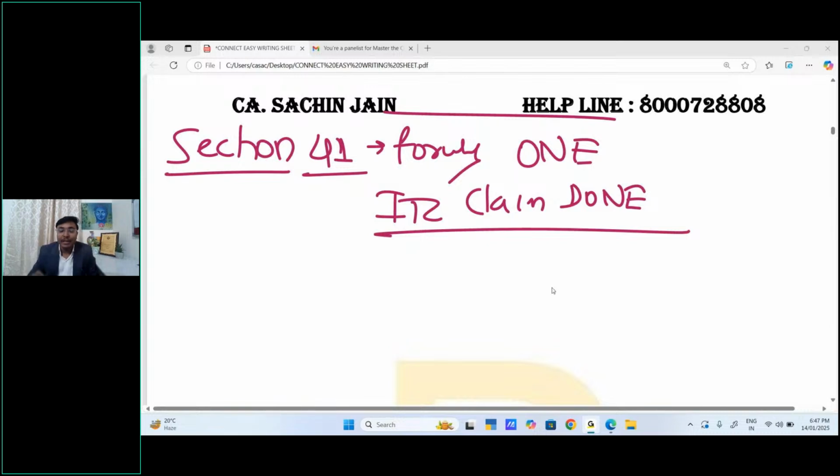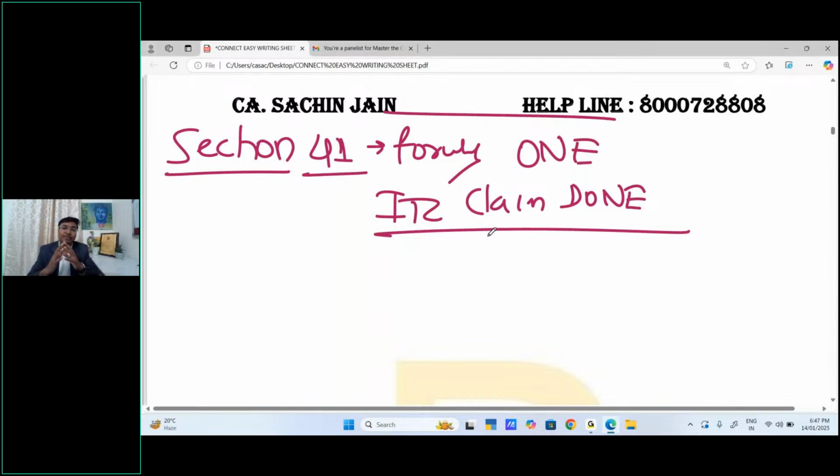Also, if you do not make the payment to the supplier within 180 days, then you need to reverse the input tax credit. That is the provision mentioned in this section number 41. Section 41, input tax credit claim done.